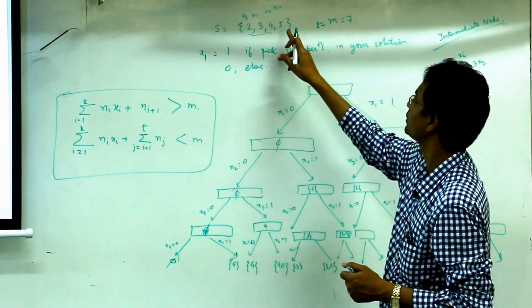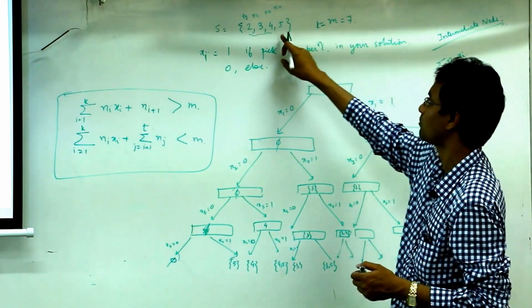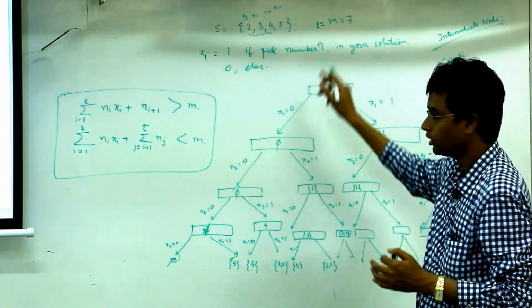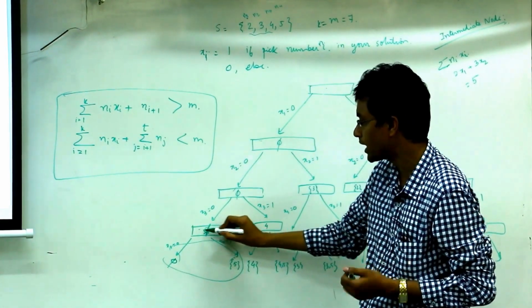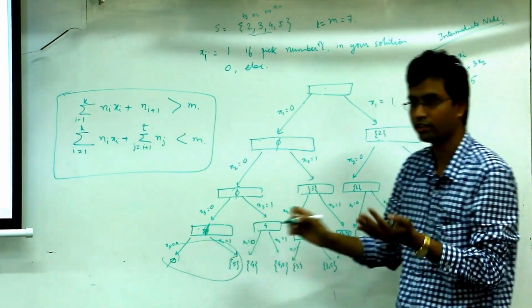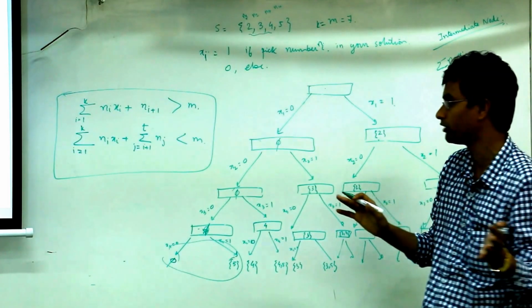Then even if you include the next element or not, you are not going to reach 7 because the total sum is less than 7. So there is no need to explore these two cells. Whenever you are here, you know that you cannot reach 7, so you can straight away cancel all the remaining subtree, right? So that's the kind of pruning which we do.